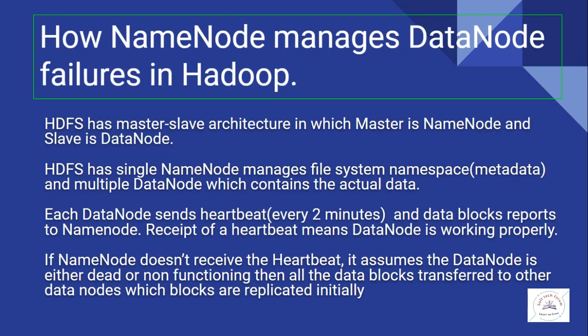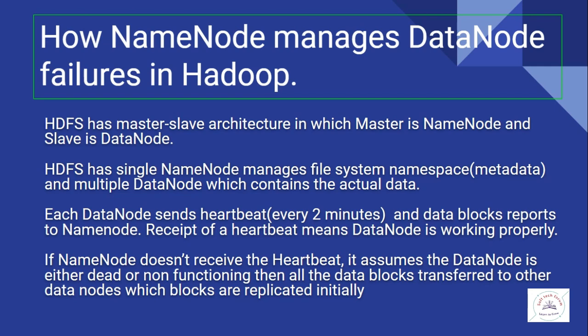How does Namenode manage data node failure in Hadoop? HDFS has master-slave architecture in which master is Namenode and slave is Datanode. HDFS has single Namenode that manages file system namespace, metadata, and multiple data nodes which contain the actual data.